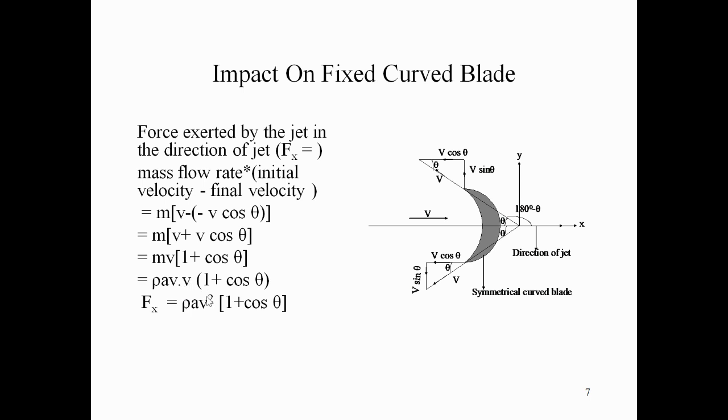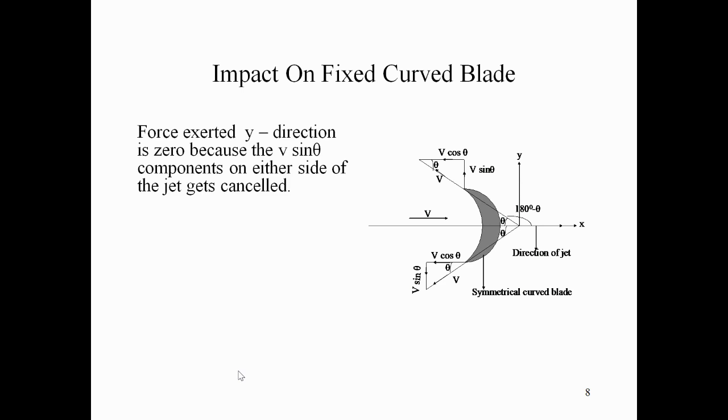So Fx equals rho a v square into (1 plus cos theta). This is the force exerted by the jet in the direction of x, that is Fx equals rho a v square into (1 plus cos theta).